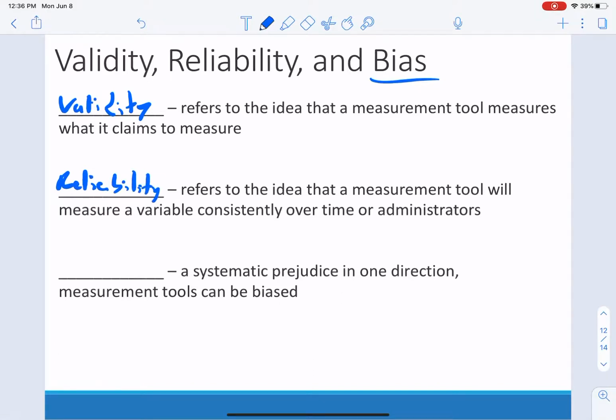which just refers to the idea that the tool that you're using is good. You can rely on the measurement of the tool, right? So I remember when I was in undergrad and working in a human physiology lab, the stadiometer, the thing that measures height, was in a really old building, and something happened.